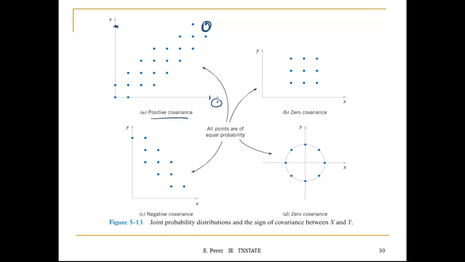That means that you have a linear relationship that is positive. So that means that the covariance of the relationship or the association between these two random variables is positive.